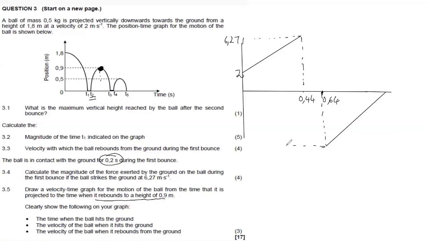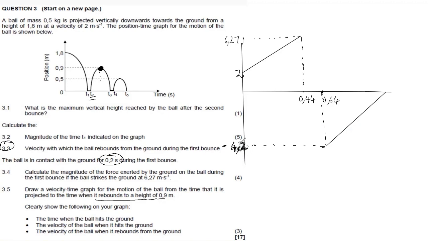The velocity at which the ball rebounds from the ground. We calculated that velocity again, and it is the one that we found to be equal to 4.2. So the one we were calculating in 3.3. So negative 4.2. So yeah, that's negative 4.2.